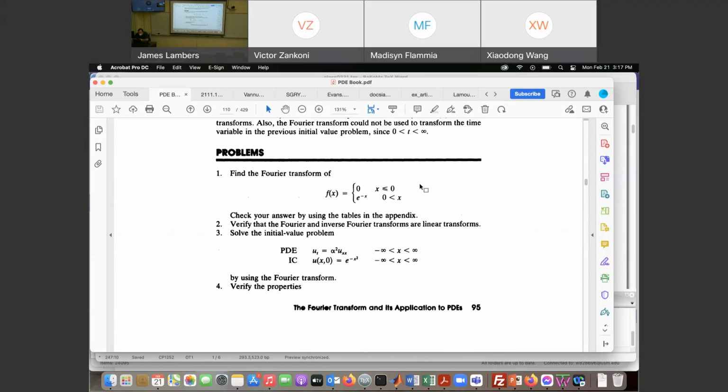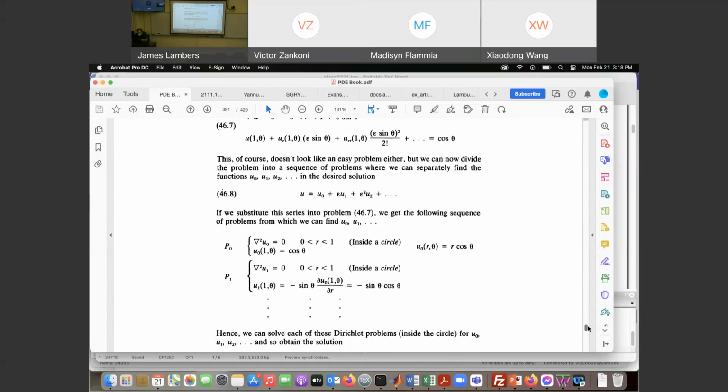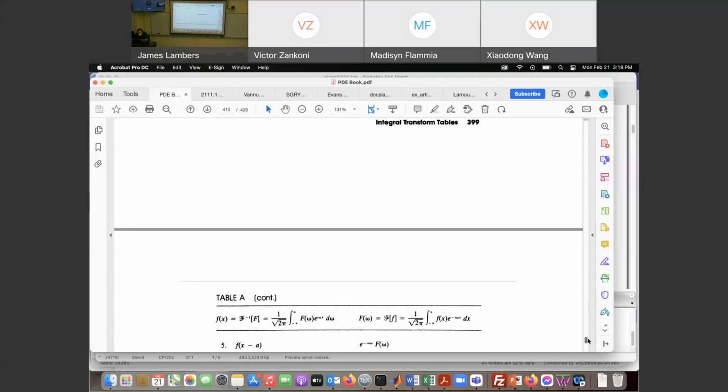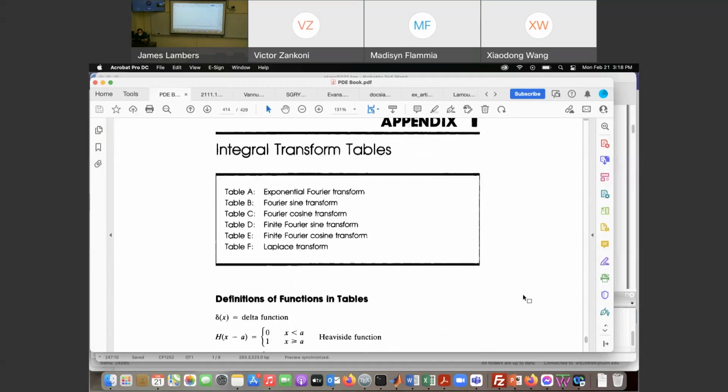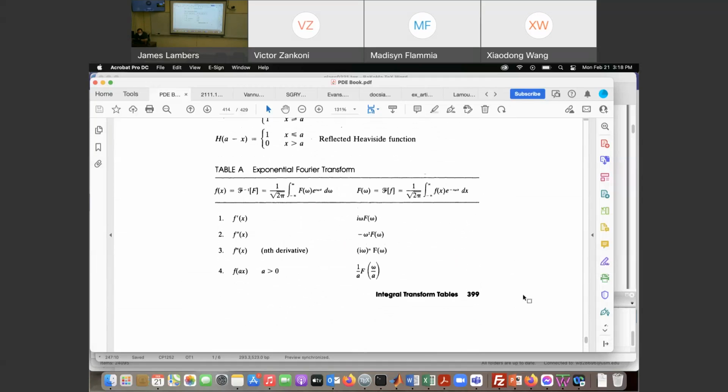Okay, so what's going to happen is you're writing the integral, and you're finding the Fourier transform, so this is the whole real number line. If I go to the table, this is the Fourier transform that you'll be using.